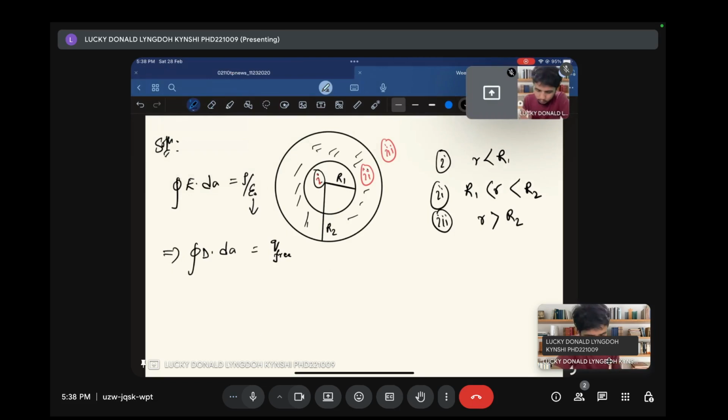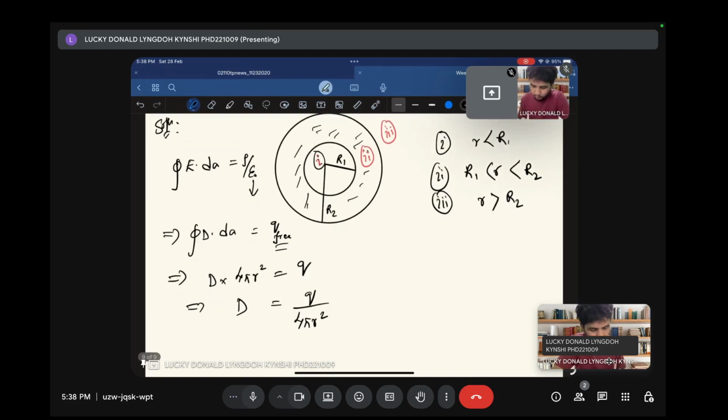Now how do we do this? Since it is a sphere, or a spherical shell, D times the area 4 pi r square is equal to q, so the electric displacement is equal to q divided by 4 pi r square. That means D dot dA is equal to the free charge q, so D into 4 pi r square is simply q, and D is equal to q divided by 4 pi r square.